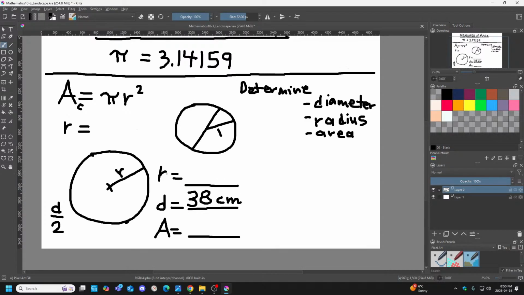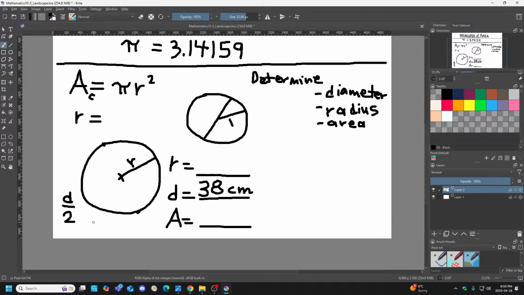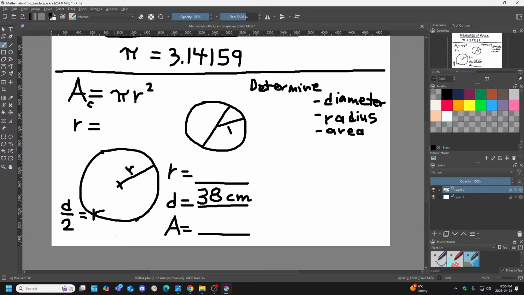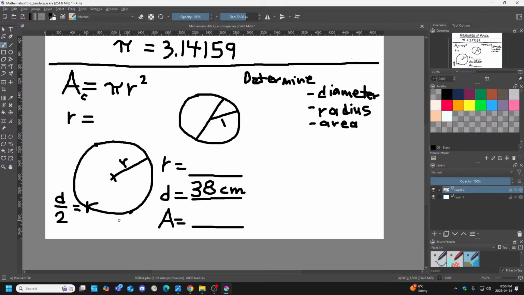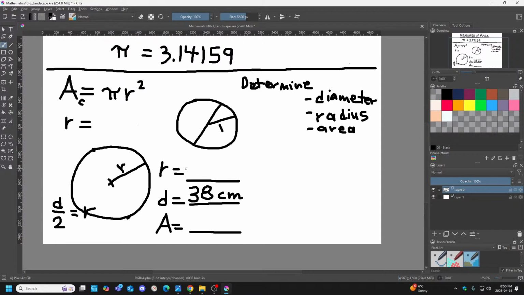So what is R? We know R is equal to, I kind of ran out of room here, but I'll just write it over there. Let's carry on. So R is D divided by 2, so that's 38.